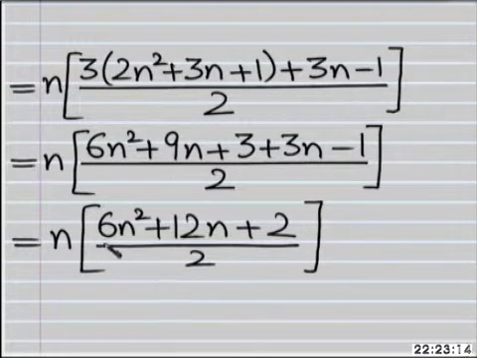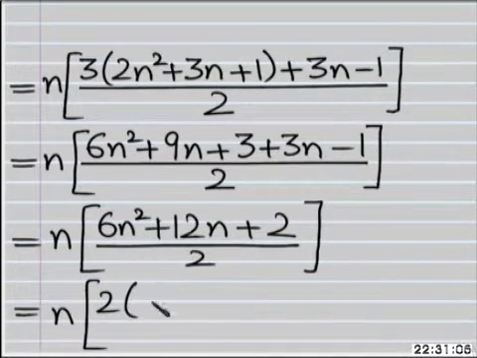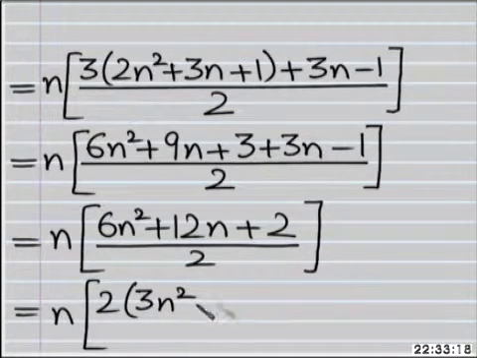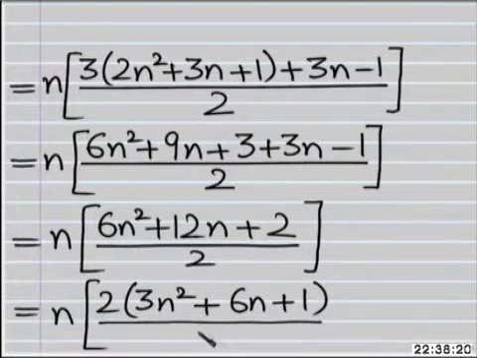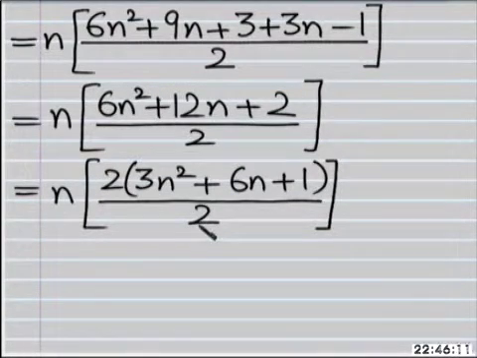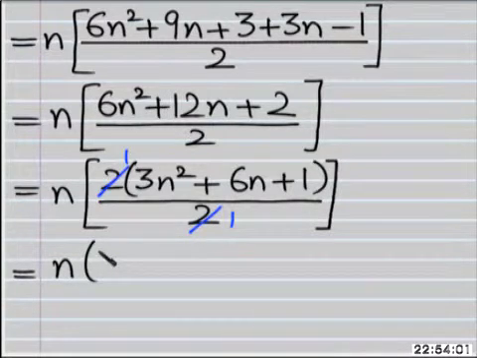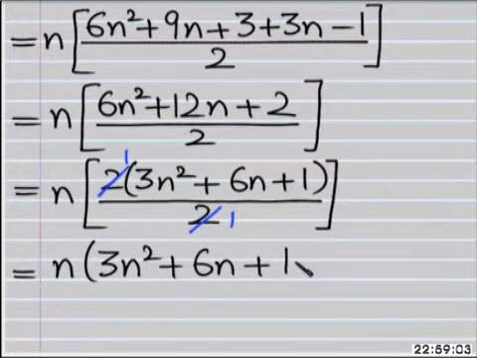Taking out 2 common from the numerator, this is further equal to n whole multiplied by 2 into 3n square plus 6n plus 1 whole divided by 2. On solving it, this is equal to n whole multiplied by 3 into n square plus 6 into n plus 1.